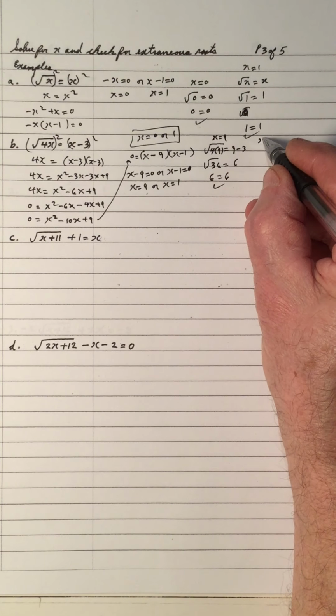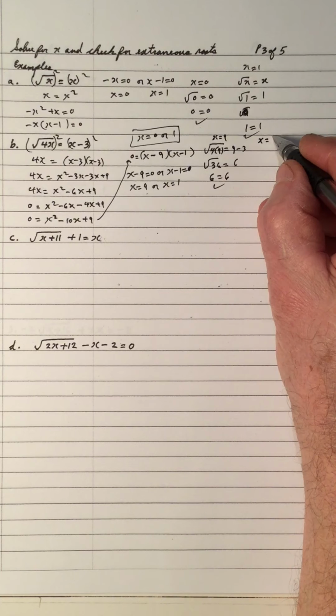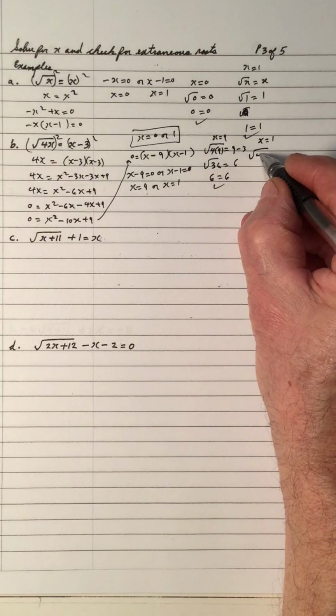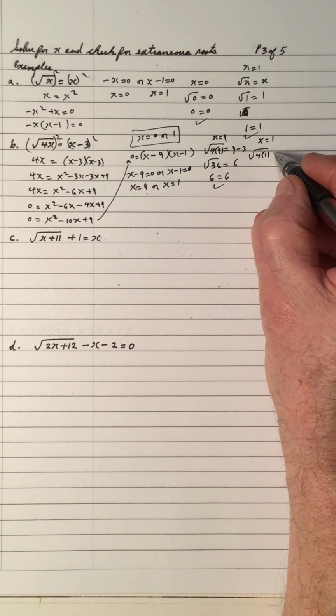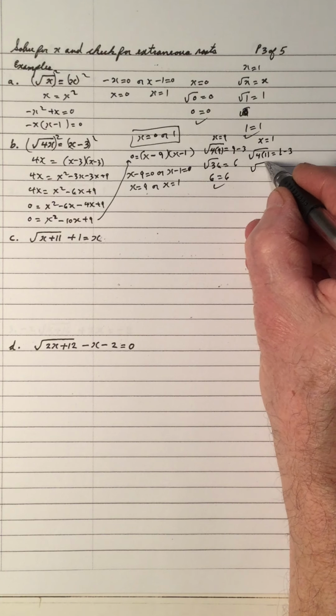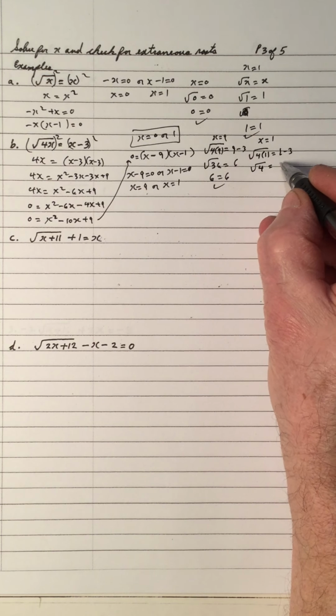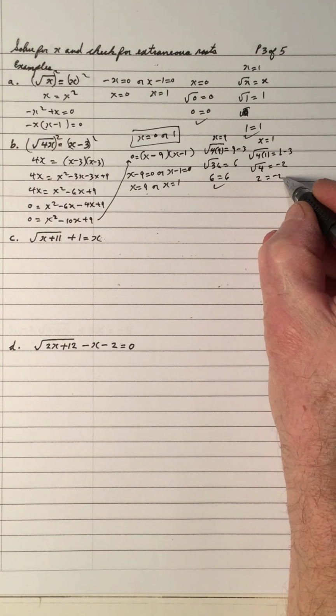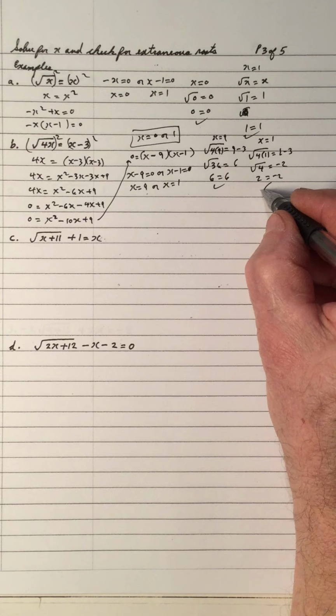Now I'm going to try x equals 1. So 4x, so it's 4 times 1 equals x, which is 1 minus 3. 4 times 1 is 4. 1 minus 3 is negative 2. The root of 4 is 2, equals negative 2. Nope.